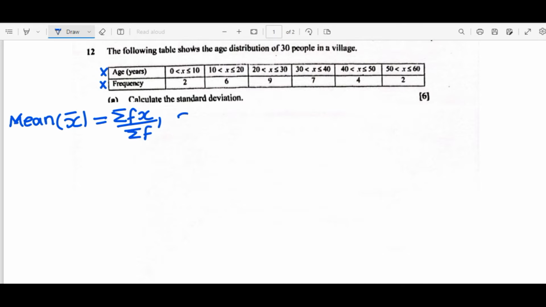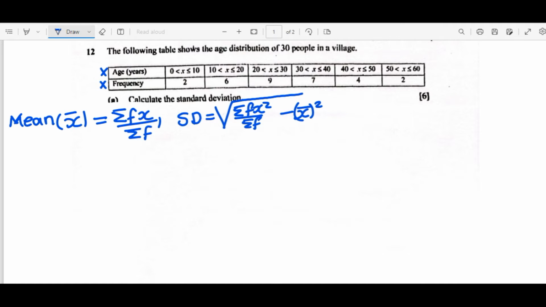Then after that, we are going to use the standard deviation formula where the table is not involved. So this is the square root of summation of frequency multiplied by midpoint squared over summation of f, minus mean squared.